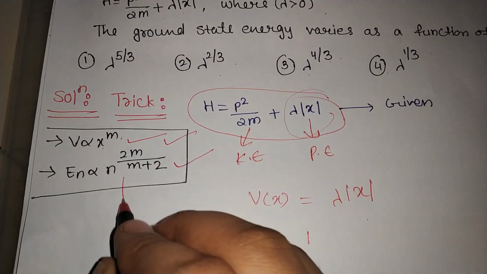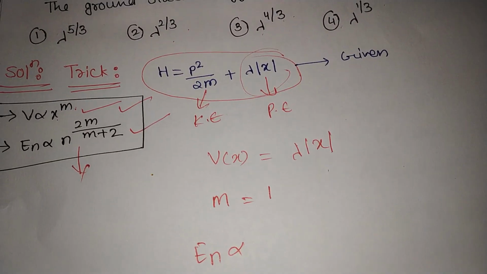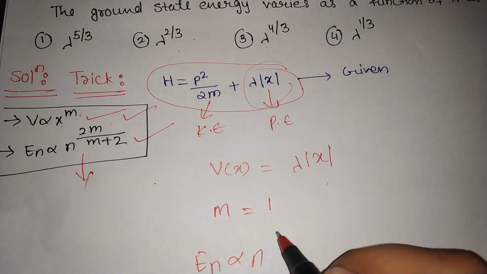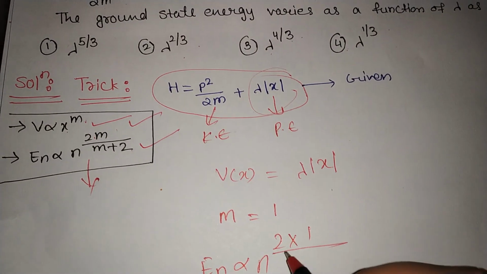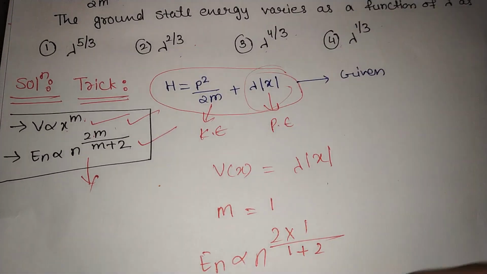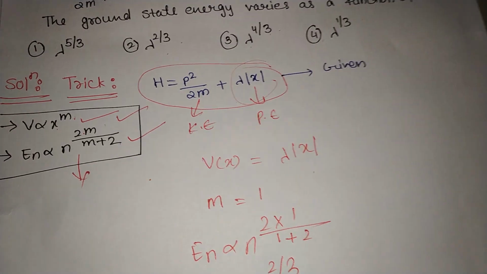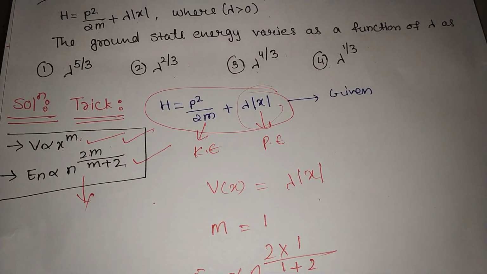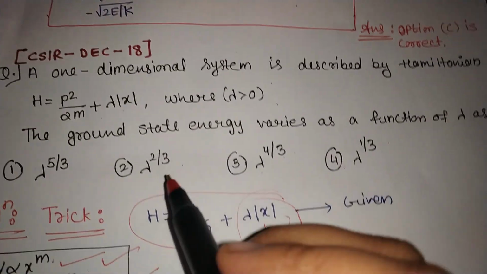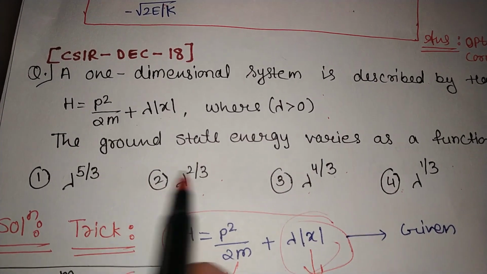Now we check the second condition, the proportionality of E_n, which we have to find. E_n is proportional to n raised to 2m upon m plus 2, that is 2 times 1 upon 1 plus 2. So we get 2 by 3, that is E_n varies with the power of 2 by 3. Here we were only interested in finding the power, as in the options all the powers are different.